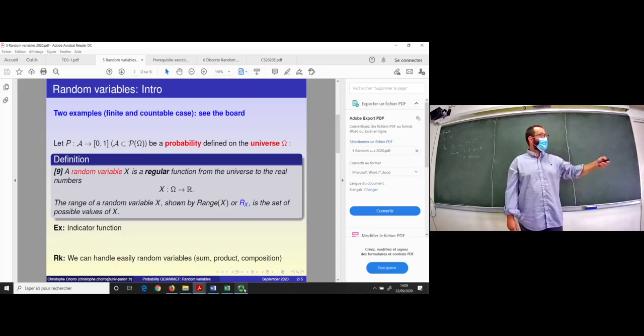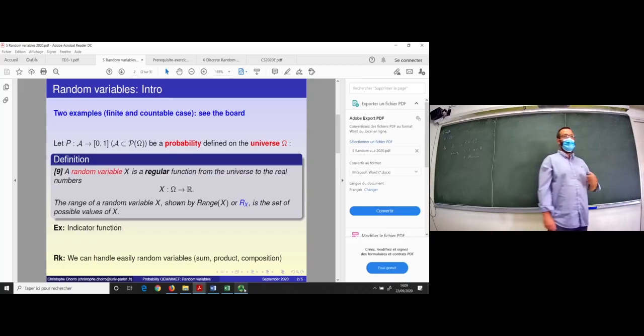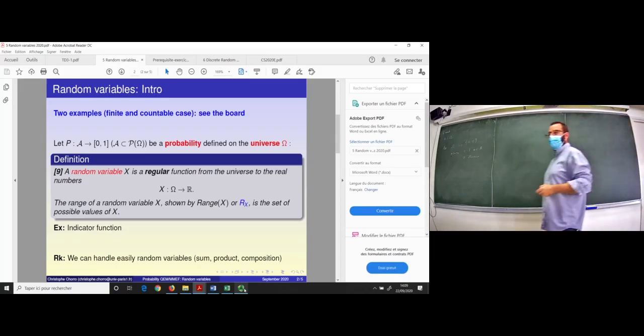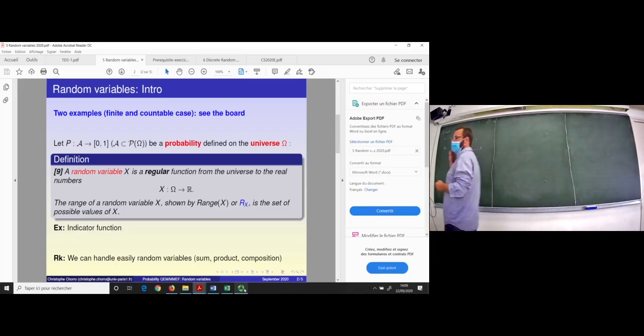And from my very large definition here, I have a random variable taking values in a set with 2 elements, 0 or 1. Very basic example of a random variable taking only 2 values.